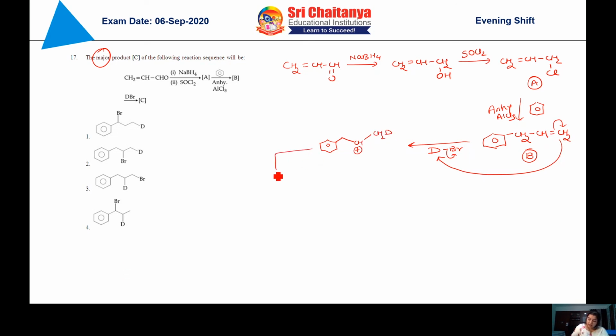Correct? And it rearranges to a benzylic positive, PhCH(+)-CH2-CH2D. Now this is attacked by Br minus. So the final answer has to be D and bromine here. See, they are relatively positioned one and third. Answer is first. Is that okay?